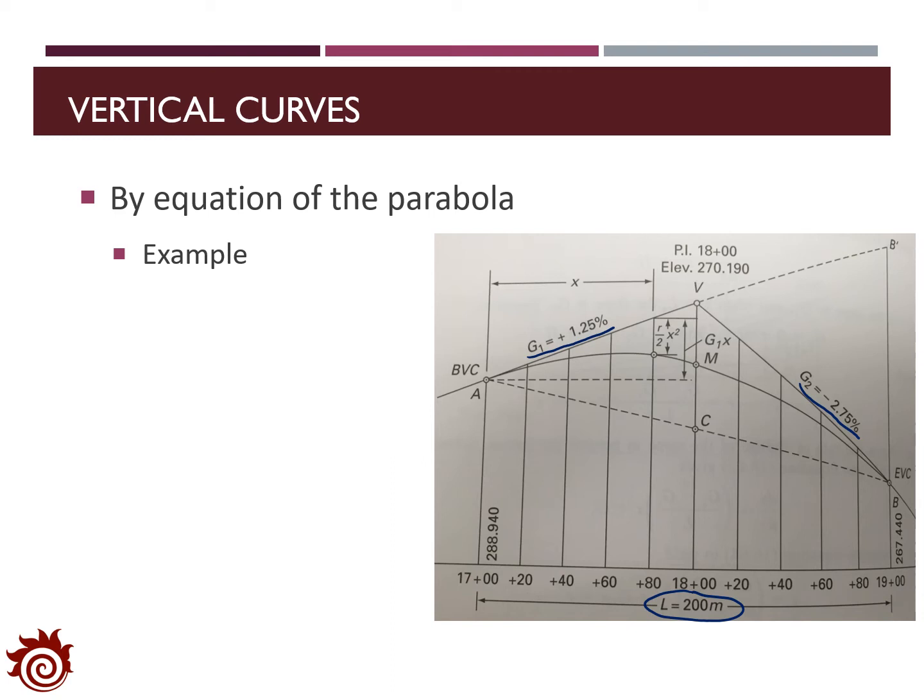Also, we know the elevation at the vertex as 270.119 meters, and the horizontal distance from the start point to the vertex is 100 meters. With that, we want to find out the equation to describe the vertical curve.